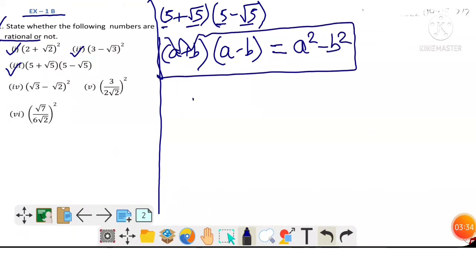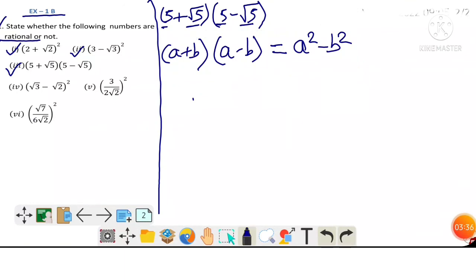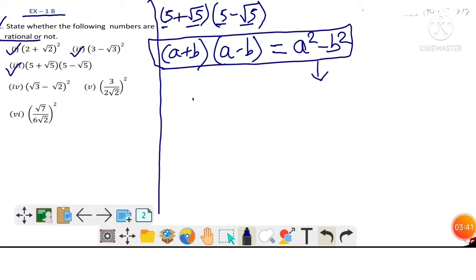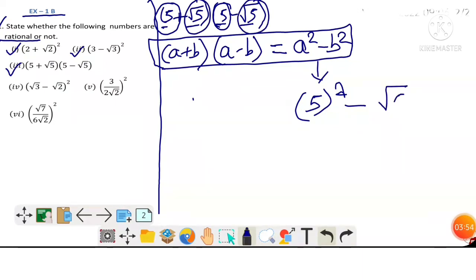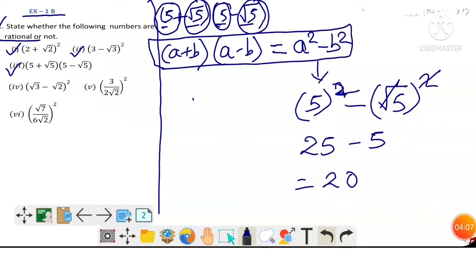So we can write it as, here a is 5 and b is root 5. So 5 square minus root 5 square. A square minus b square. So 5 square is 5 5s are 25 minus the square will cancel the root, you will get 5. So 25 minus 5 is 20. So yes, it is a rational number.